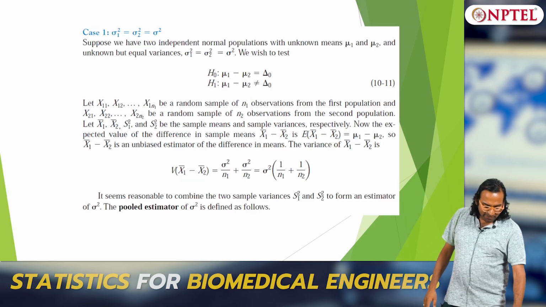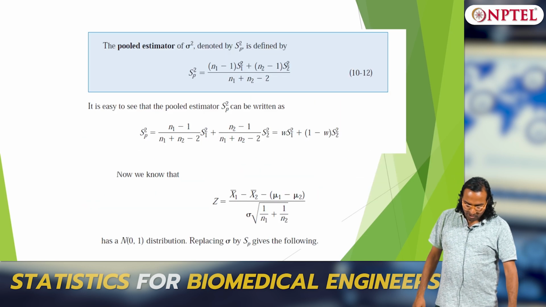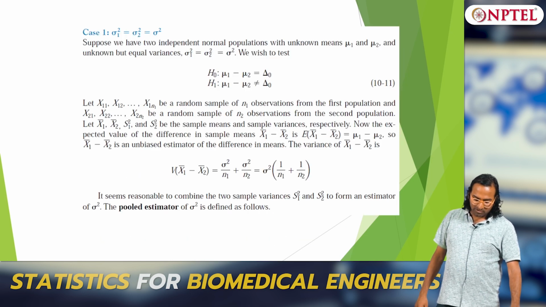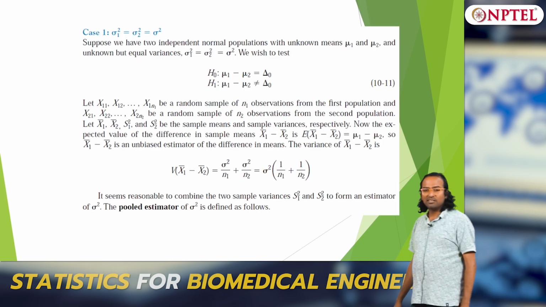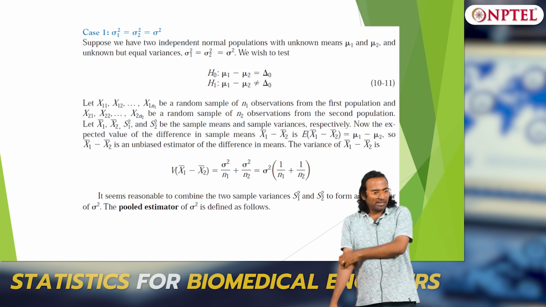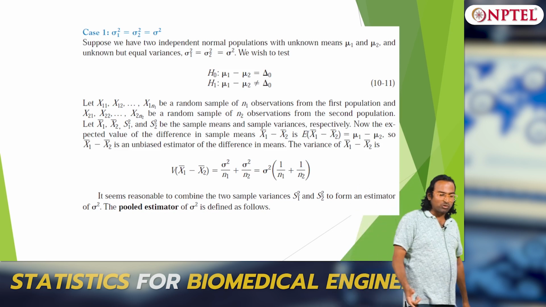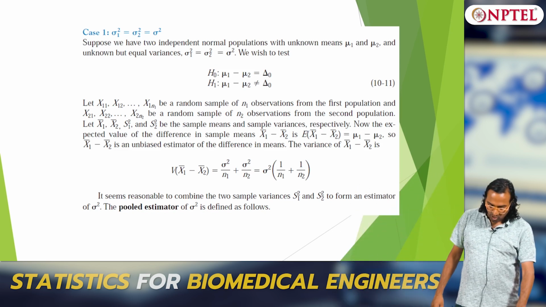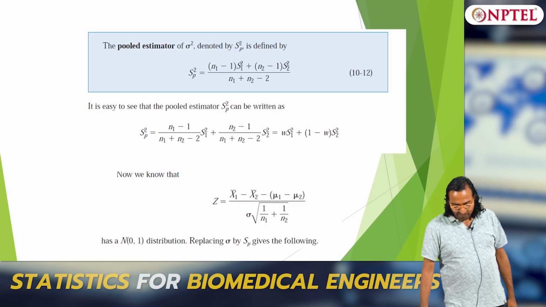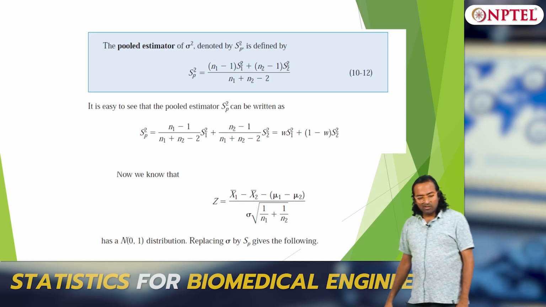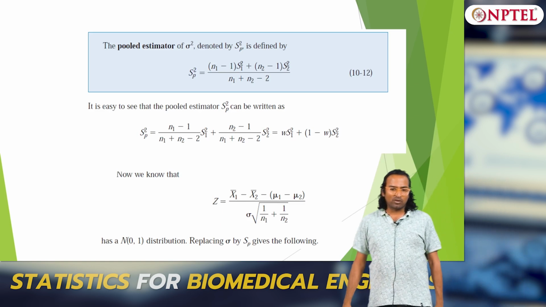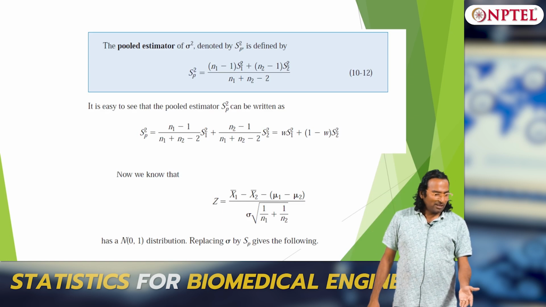So typically we will not know the mean and variance, so we replace the variance with what? We replace sigma squared with s squared, okay. In this case also we are going to do the same, we do what is called a pooled estimator, which is a simplified one, okay.